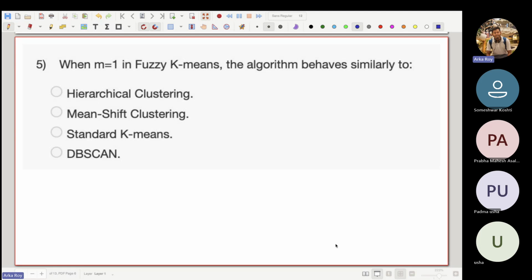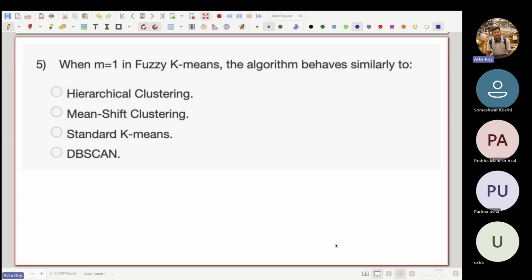It associates an uncertainty metric which tells that, let's say, with 70% confidence point 1 belongs to cluster 1, and there is a 30% chance that it may not belong to cluster 1. Within that 30%, your choice may be towards cluster 2, cluster 3, like this.